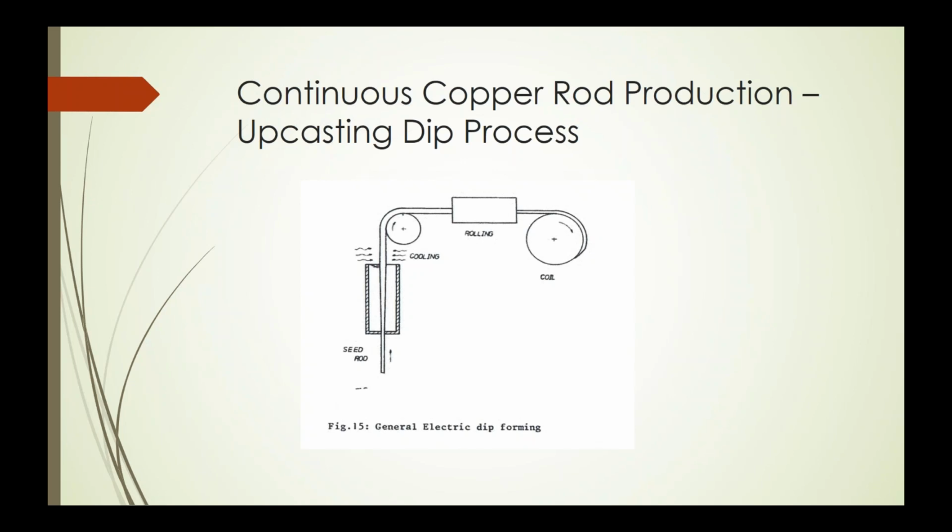Now, like I said, with the upcasting process, you can produce a rod, or, as this shows, you can roll it and make a strip. Depending upon how big a diameter the rod is that you extract from this casting technique, you can flatten it and make 4 or 5 inch wide material, sometimes even a little wider.